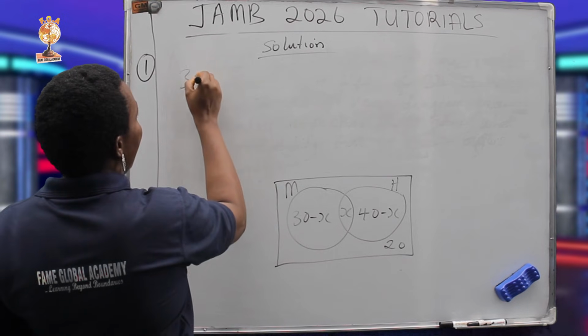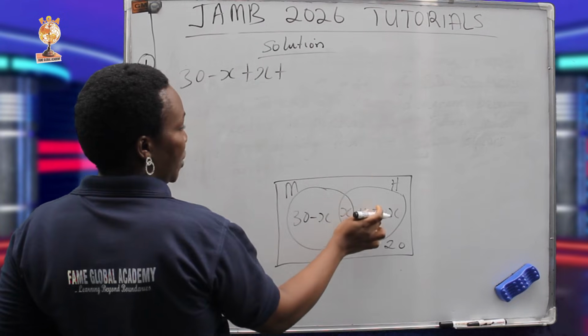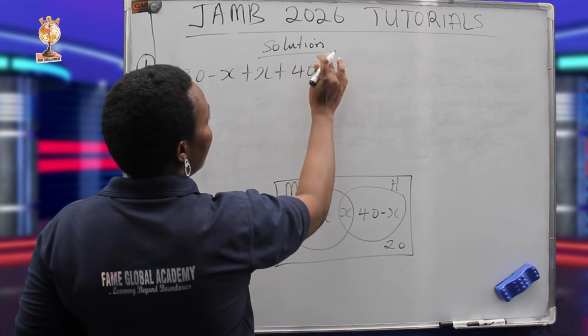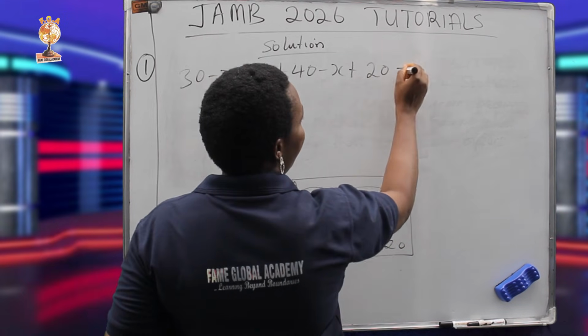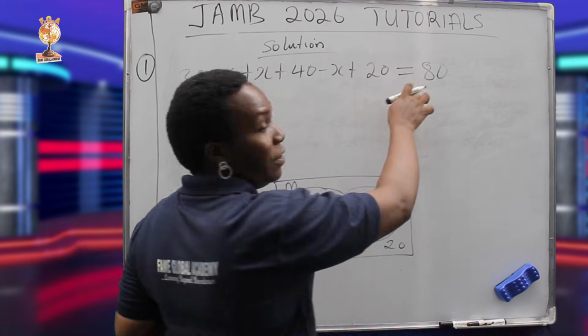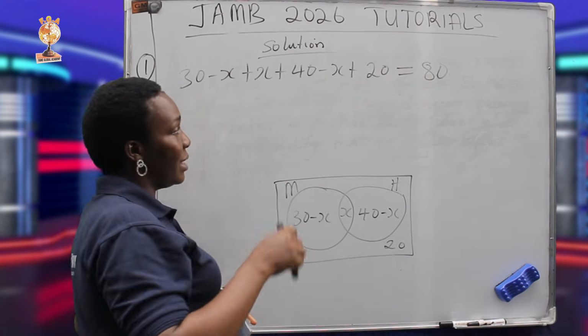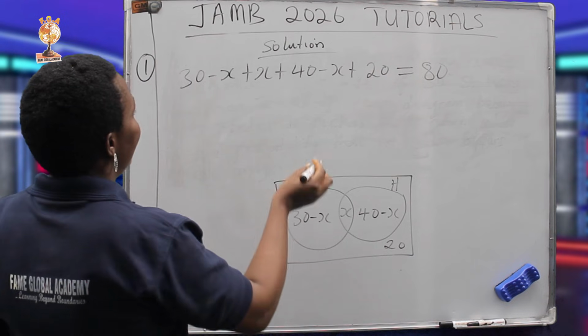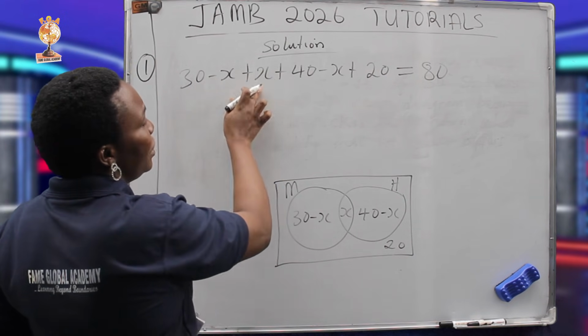So let's have 30 minus x plus this x plus 40 minus x plus this 20 outside, everything equals to 80. I believe you know where this 80 is coming from. That's the total number of students in the class. Okay, so let's add together. Now this minus x plus x is already cancelling each other.